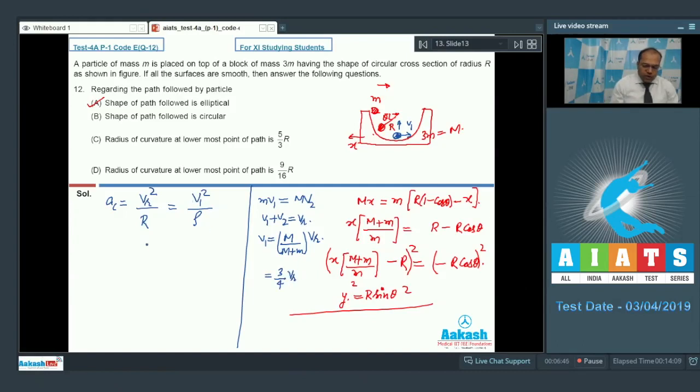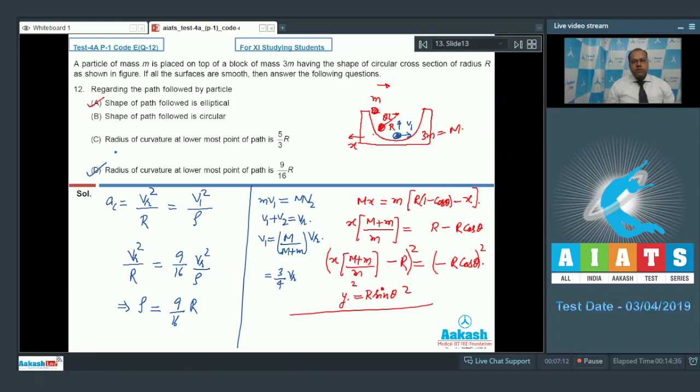So if I substitute the value of v1 here, then v relative square by R is equal to 9 by 16 v relative square by rho. So the value of radius of curvature at the lowermost position comes out to be 9 by 16 of R. So option D is also correct. So the correct answer for question number 12 are option A and D.